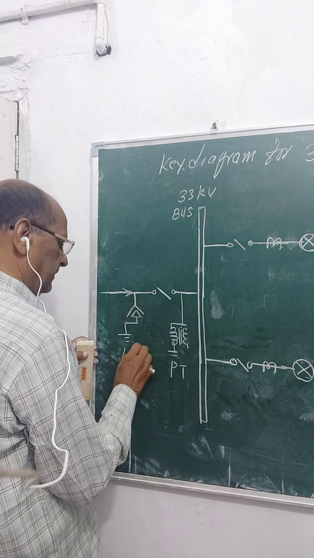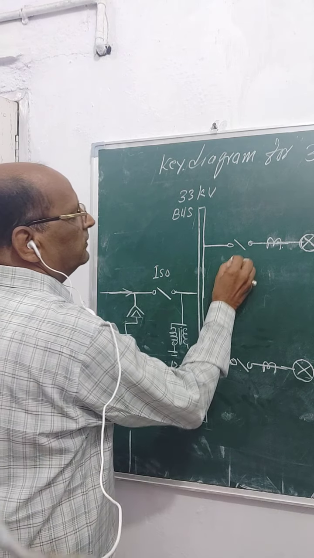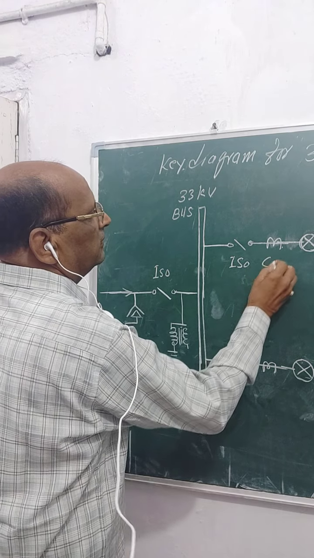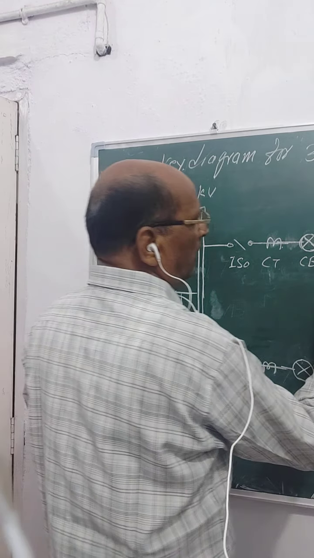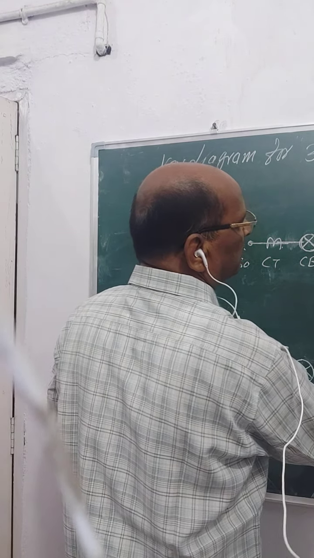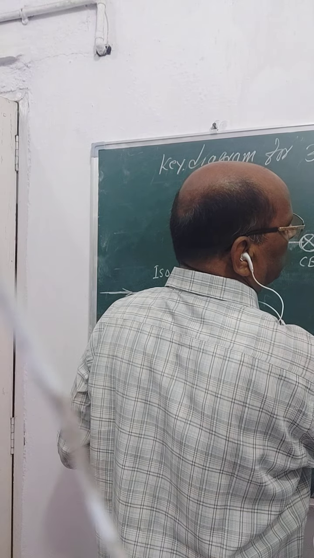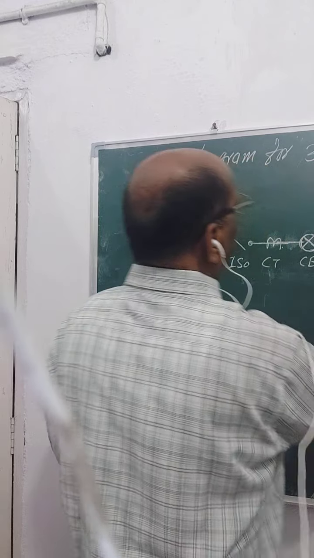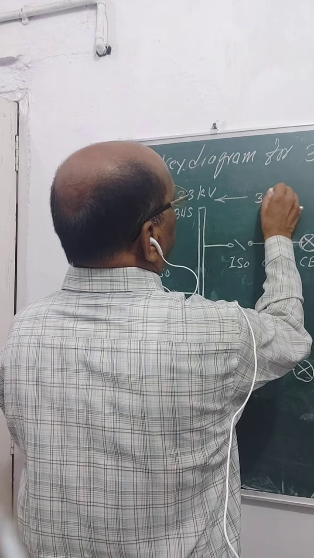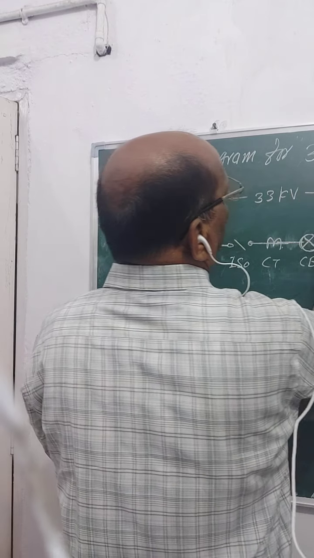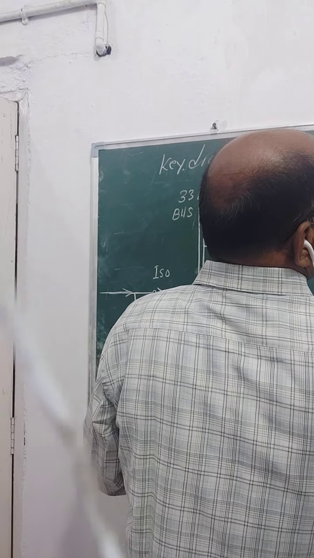This is LA, this is isolator, this is isolator, this is CT, this is circuit breaker, this is lightning arrestor, this is transformer, then again it is lightning arrestor. So from this to this place it is all 33 kV, and after step down it is 11 kV.